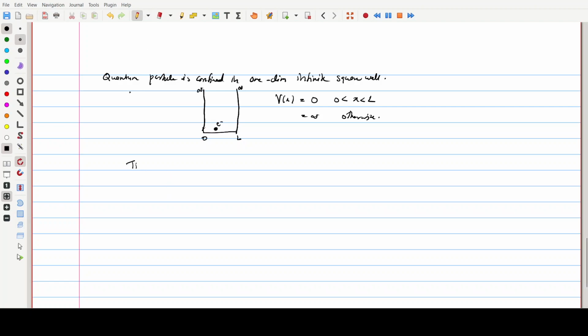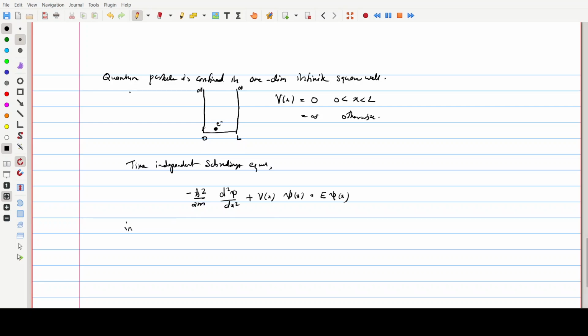Okay, so the time independent Schrodinger equation is given as minus h bar square by 2m d square psi by dx square plus V of x psi of x is equal to E psi of x.